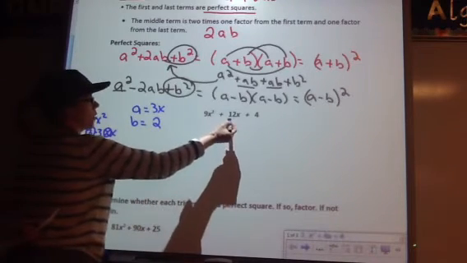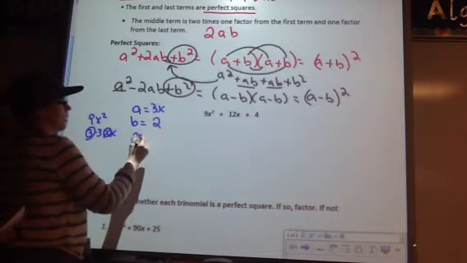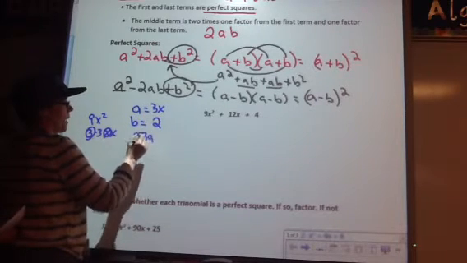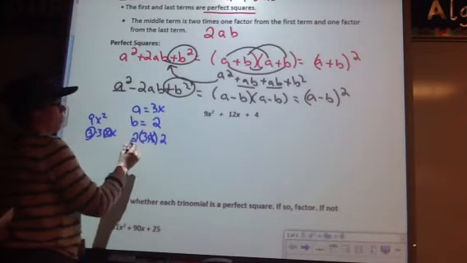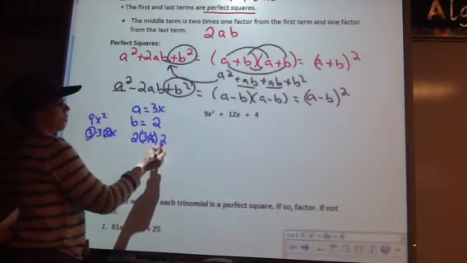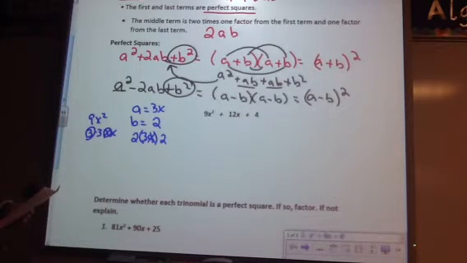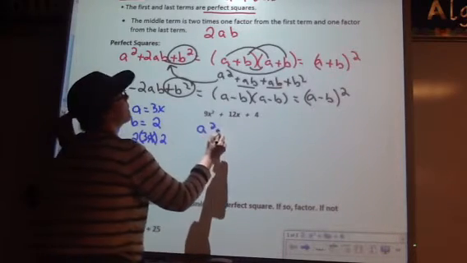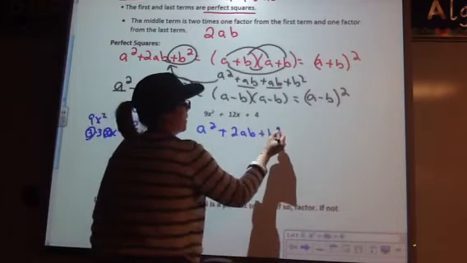So then our middle term here should be 2 times a, which is 3x, times b. 2 times 3 is 6, times 2 is 12, 12x. So I know that I'm right here, okay? So what I can do is write my equation.